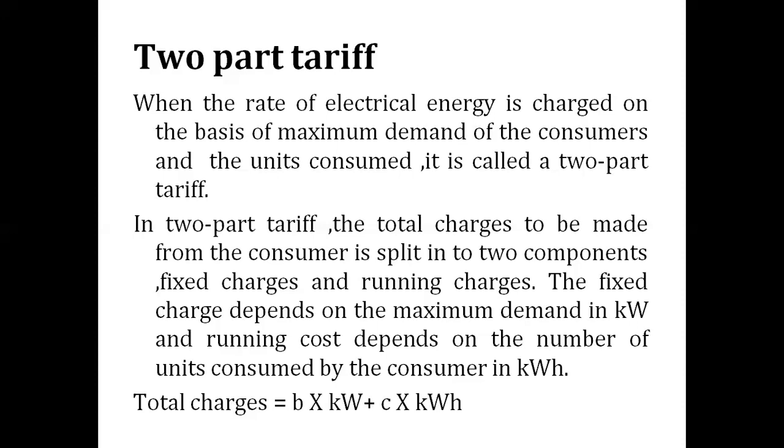So total charges can be written as D into kilowatt plus C into kilowatt hour. That means the consumer is charged a certain amount per kilowatt of maximum demand plus a certain amount per kilowatt hour of energy consumed.